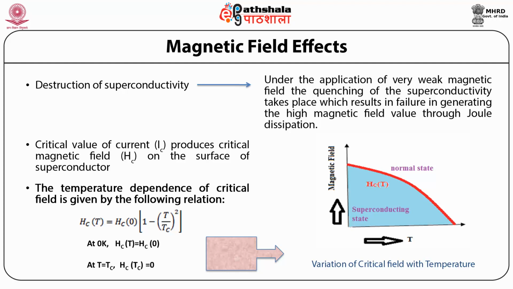For the superconducting state, there is a clear difference in the behavior of the magnetic field as we change the temperature. In the normal state it is different, and in the superconducting state it is different. So there is a clear-cut boundary between the normal state and the superconducting state.